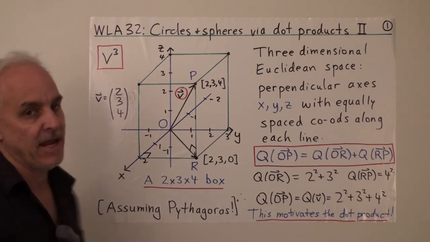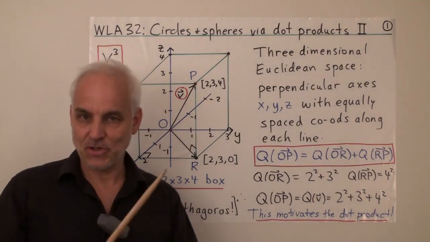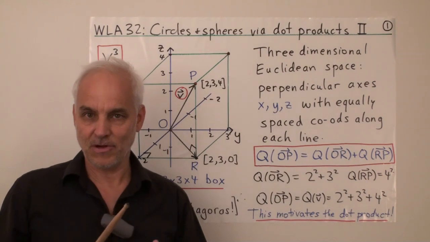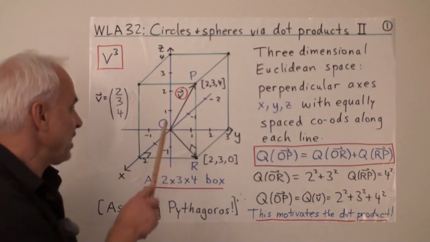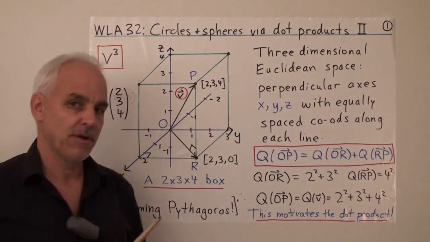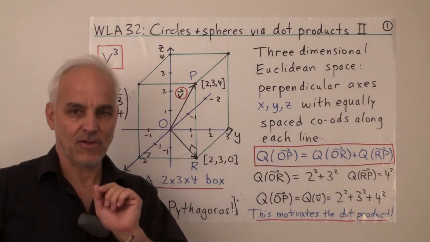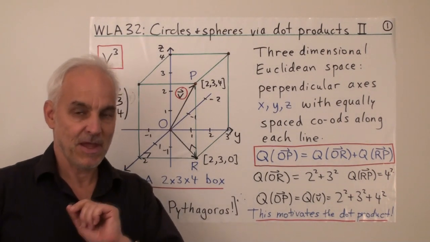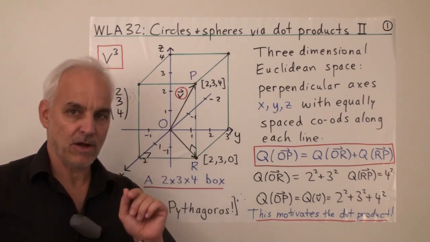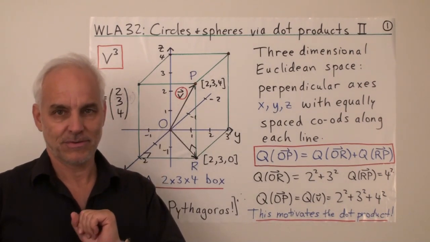All right, so what we're finding is that, assuming we have these two-dimensional Pythagorean theorems holding, we expect that the quadrance of a vector is going to be given by exactly the same kind of formula as in the two-dimensional case. Namely, the sum of the squares of the entries of that vector.